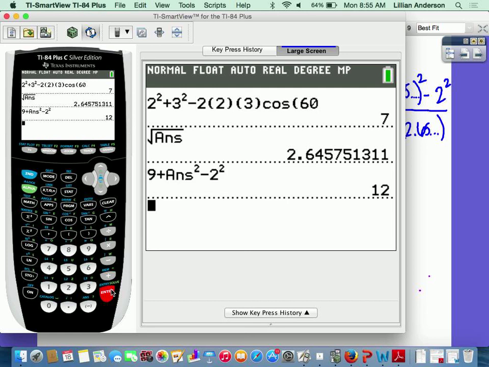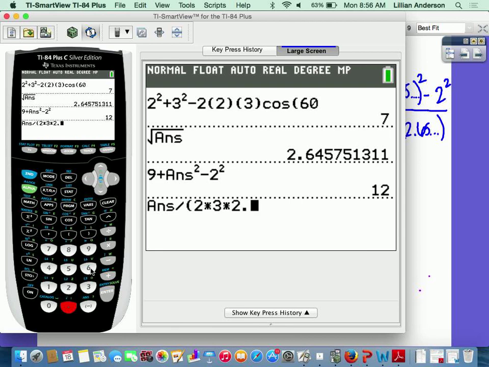The reason why is because I have to divide by 2 times B times C. And it's that entire number that needs to be divided. So I'm going to put that into parentheses. Or if you want to, you can do it all in one line. Just make sure you use the parentheses, so 2 times, help me out, 3 times that long decimal.